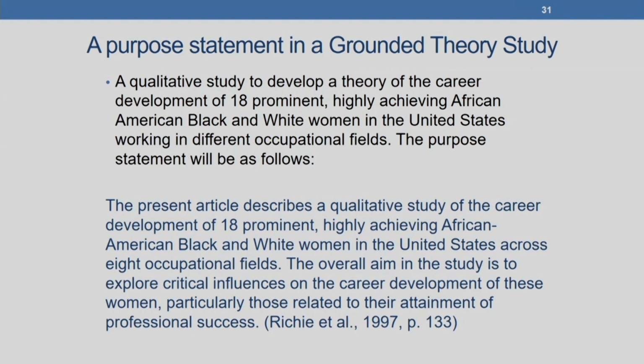And they also mentioned that our overall aim in the study was to explore critical influences on the career development of these women, particularly those related to their attainment of professional success. Now, in this statement, the central phenomenon is career development, and the reader learns that the phenomenon is defined as critical influences in the professional success of the women.